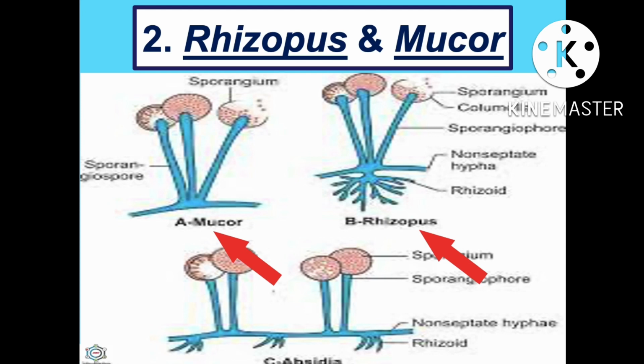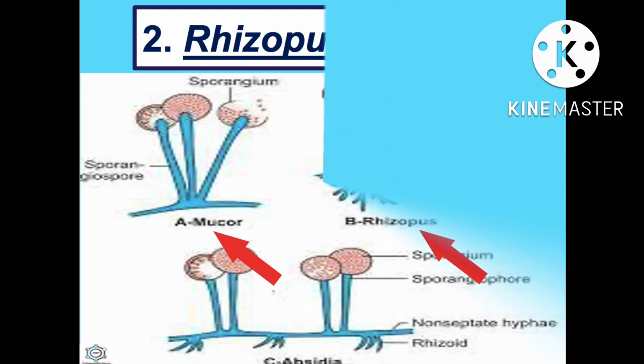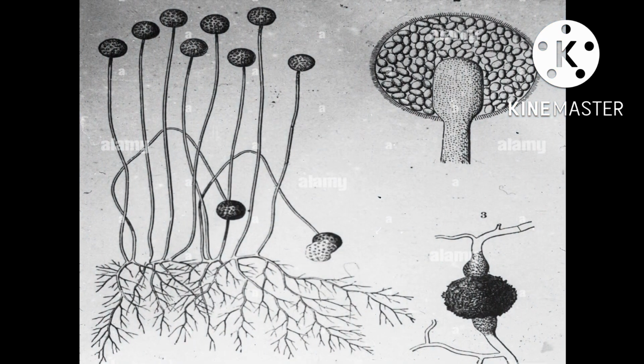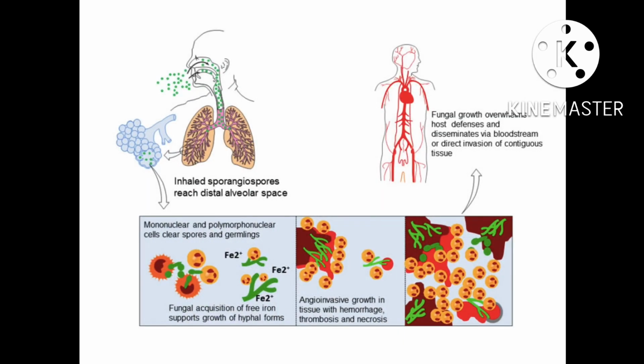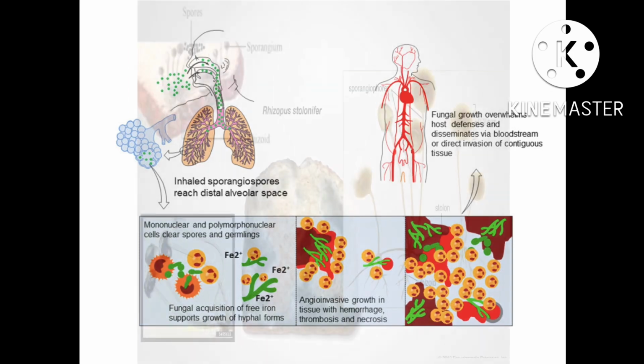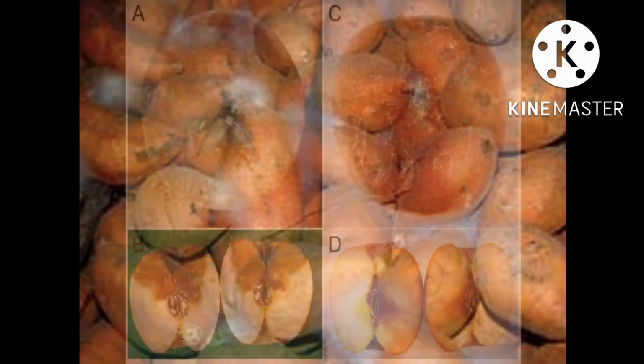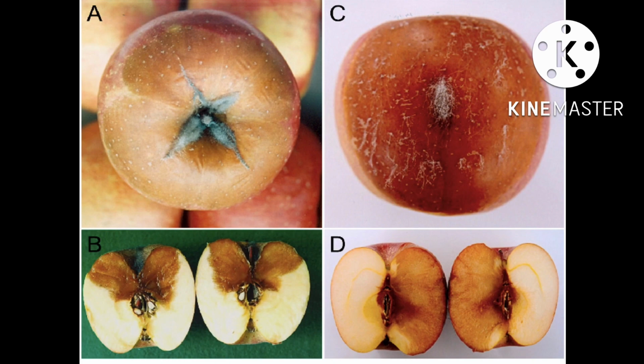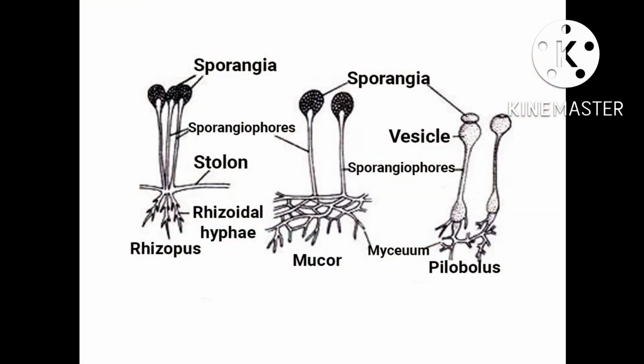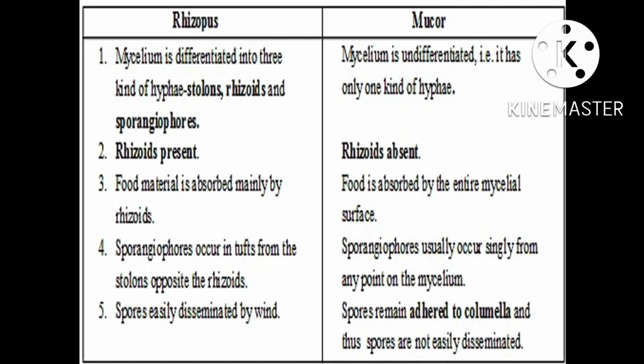For example, Mucor pusillus causes bronchomycosis disease in man. Rhizopus stolonifer causes leak and soft rot of sweet potatoes and apples during storage. A few species are applied in alcoholic fermentation and in industrial production of citric acid, lactic acid, fumaric acid and enzymes.